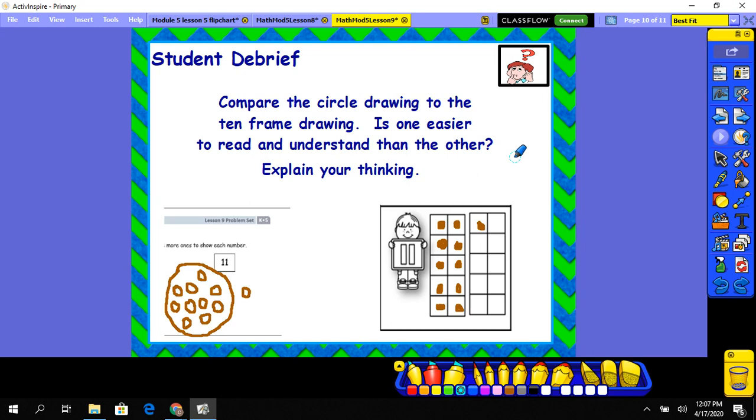Which one's easier for you? Why? That's a good point. For Miss McKay, it's easier for me to see the numbers organized the 5-group way inside a 10 frame. Because when I see a group of 10 in a 10 frame, I automatically know that's 10. And then I see one left over.